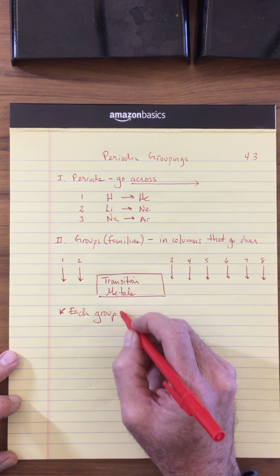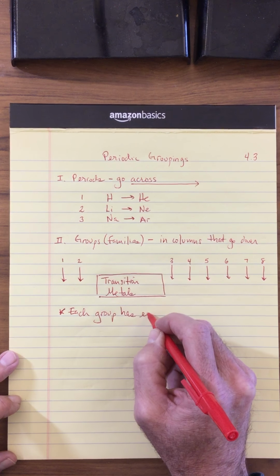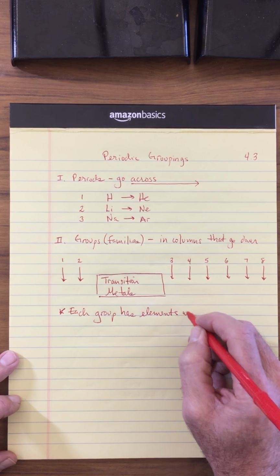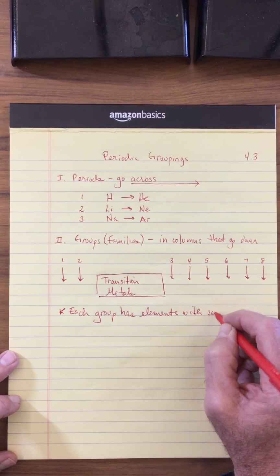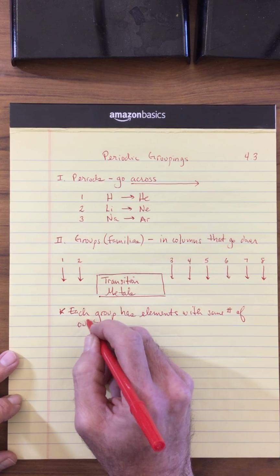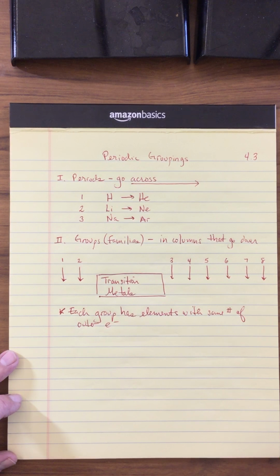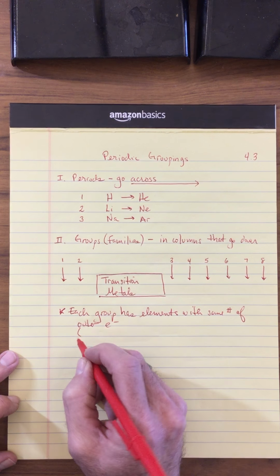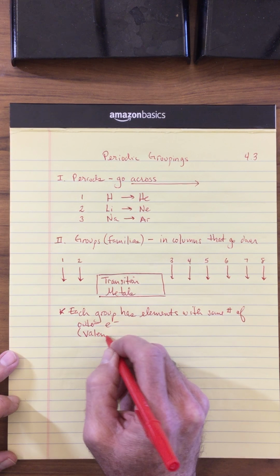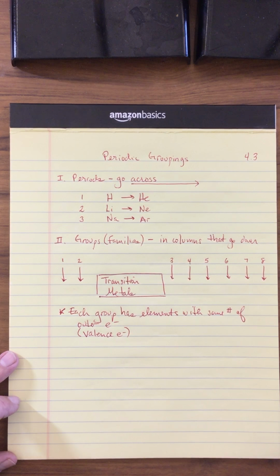So each group has elements with the same number of outer electrons. We're going to abbreviate electron as E minus. And again, these outer electrons have a special name, and they're called valence electrons.